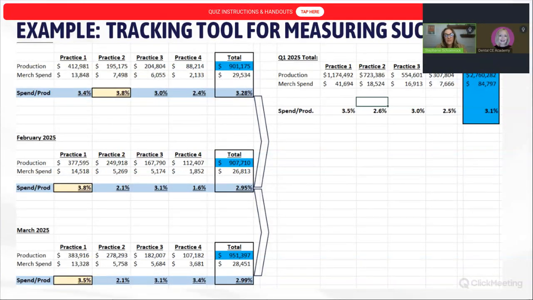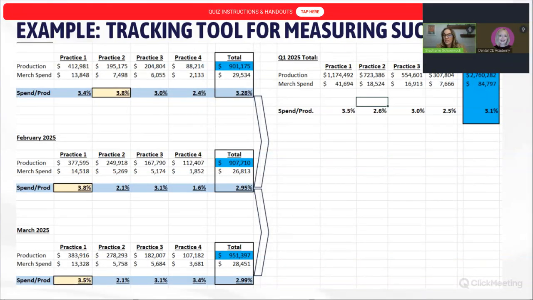So we can see month over month trends, and we can add those up by the quarter. Then on the right side of the spreadsheet, you can see the first quarter: I take all the months of production for each practice, across practices 1 through 4, for January, February, and March, and their merchandise spend per practice per location.